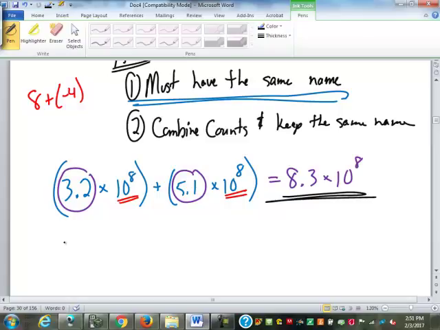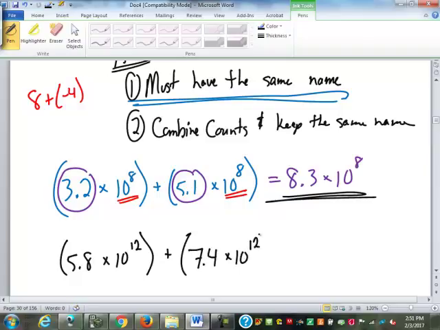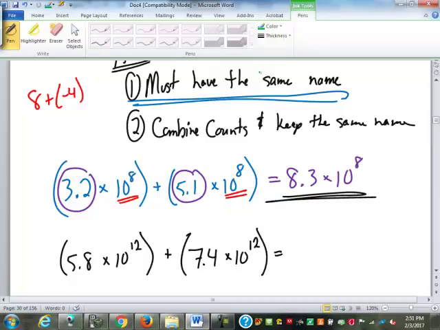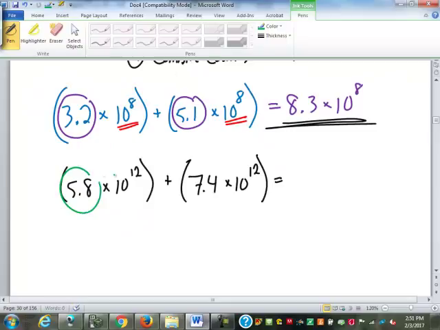So let's look at some more examples. Let's say we have 5.8 times 10 to the 12th plus 7.4 times 10 to the 12th. So we will combine the counts. What is 5.8 plus 7.4?